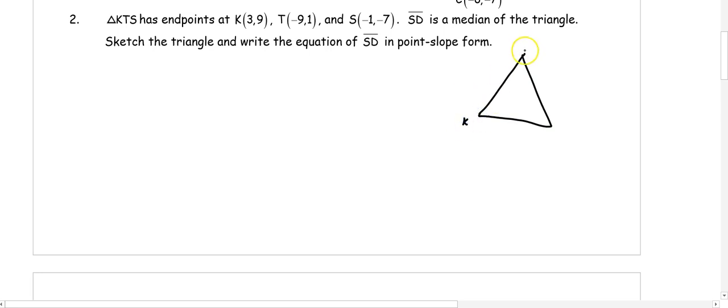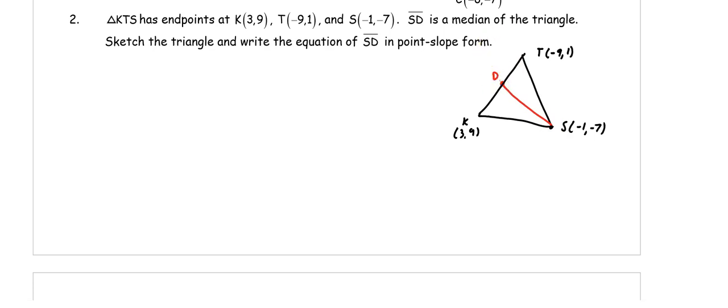So I'm going to call this K, which is (3, 9), T, which is (-9, 1), and S, which is (-1, -7). So I want to find the median of the triangle, SD. So S to D, so D is over here. So my first step then is I need to find the midpoint, the coordinates of D. So I need the midpoint of TK.